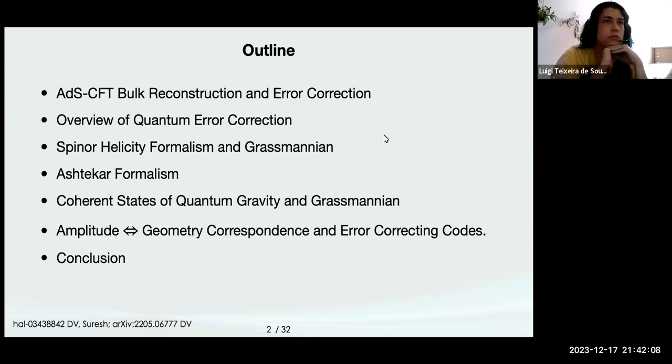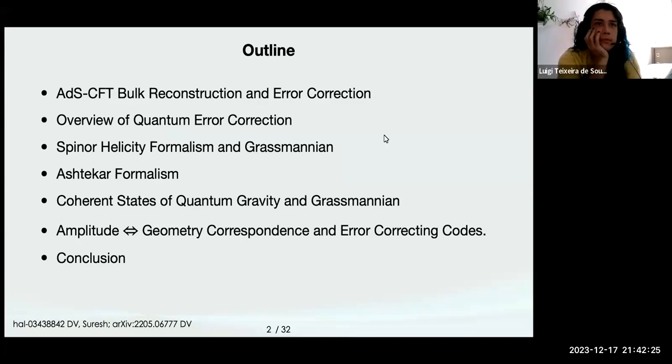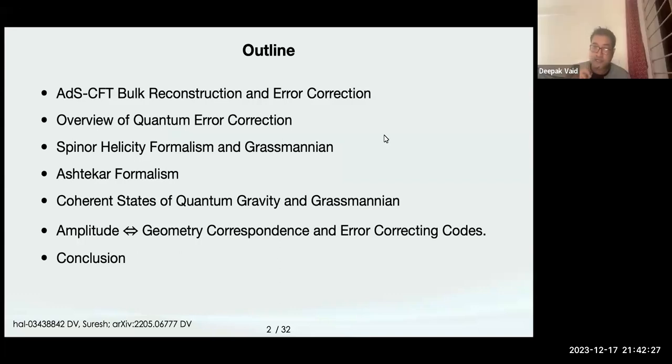So what happens is that in that case, you have two Hilbert spaces. You have a Hilbert space living on the left-hand side and on the right-hand side. And so you can construct states which are entangled states between the two Hilbert spaces.